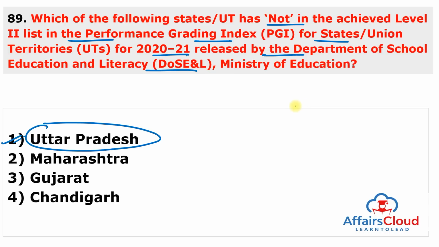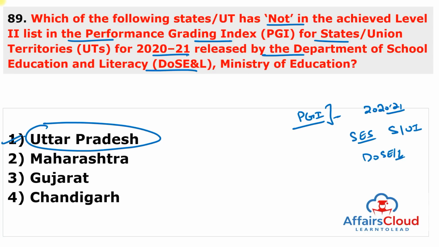This is the performance grading index of the states and union territories for the year 2020-21, an index for evidence-based comprehensive analysis of the school education system across the states and union territories, released by the Department of School Education and Literacy under the Ministry of Education.